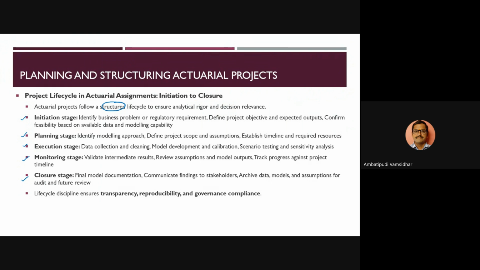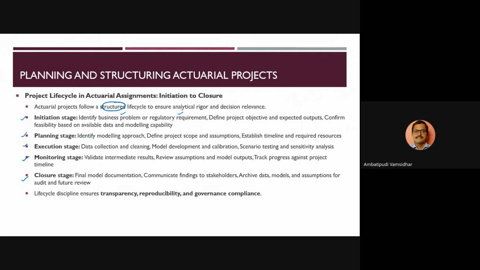Now, the terms could be slightly different, right, depending on the resource that you are using, but broadly, their meaning will not differ. So, as a part of the initiation stage, we are identifying the business problem, or it could be a regulator related requirement that you have to implement in your organization, right?